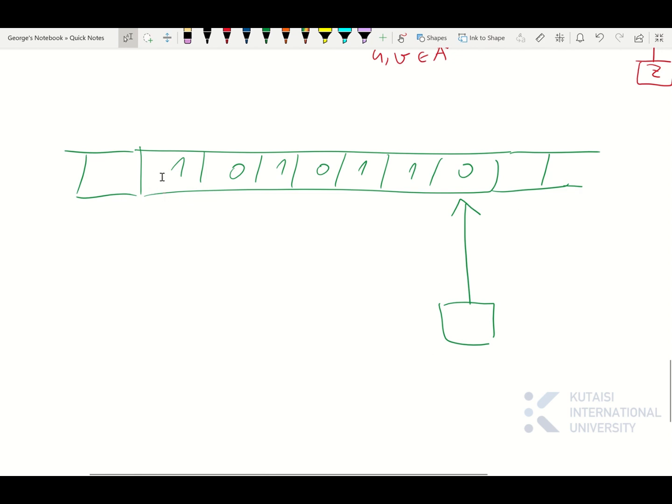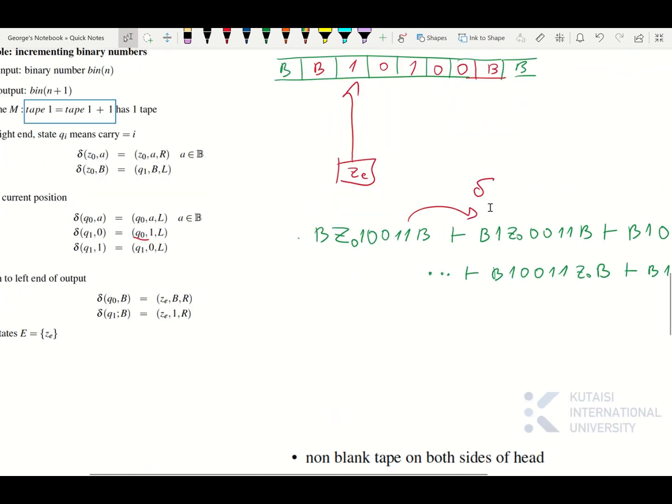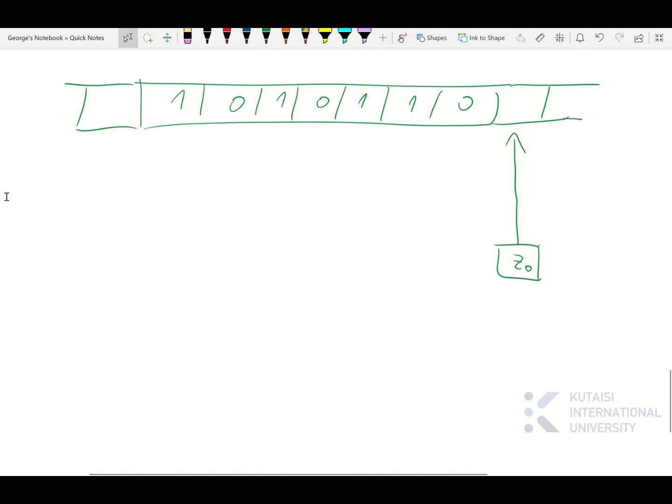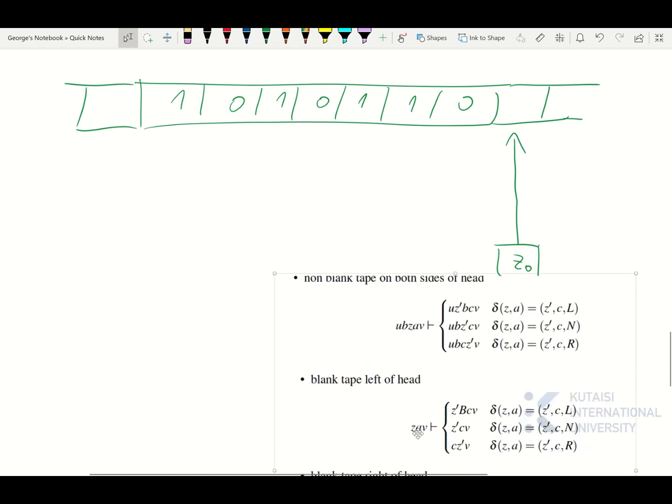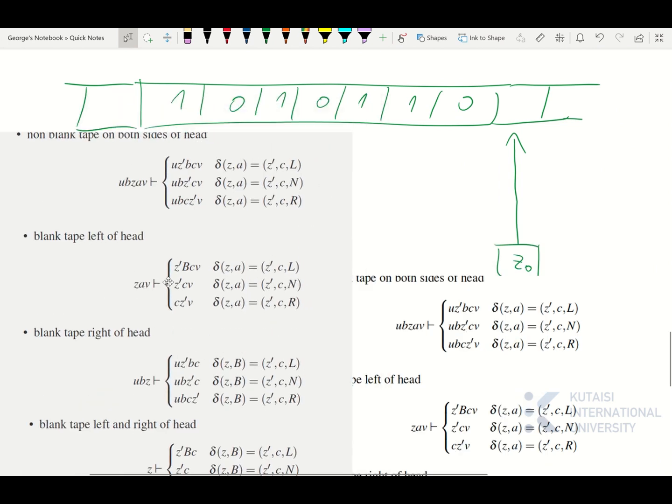So let's say I want to increment this by 1, and I think I go here with Z0, and after one more step, I come here, right? If I do not write blanks, what is my next step then here?